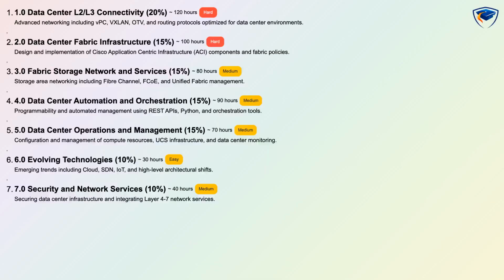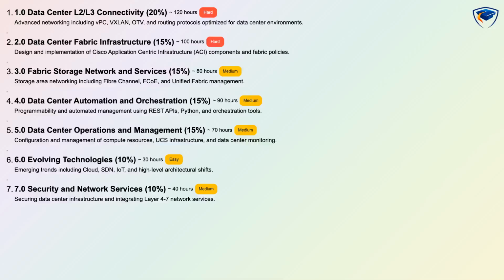The exam is divided into 7 domains with exact weights. 1.0 Data Center L2/L3 Connectivity 20%, 2.0 Data Center Fabric Infrastructure 15%, 3.0 Fabric Storage Network and Services 15%, 4.0 Data Center Automation and Orchestration 15%, 5.0 Data Center Operations and Management 15%, 6.0 Evolving Technologies 10%, and 7.0 Security and Network Services 10%.